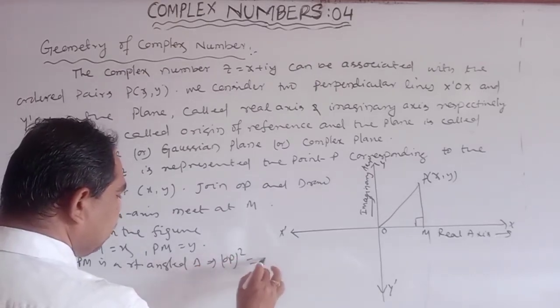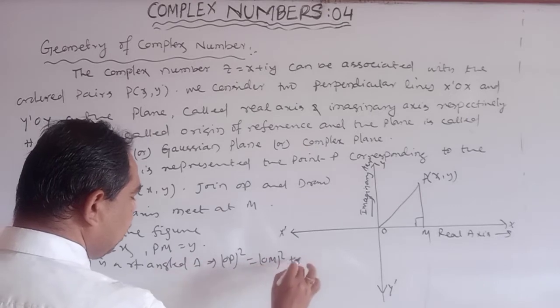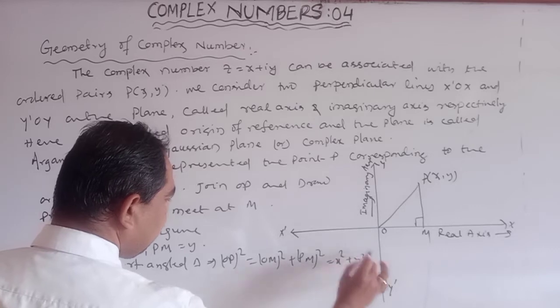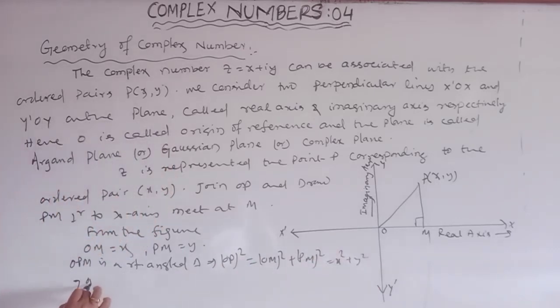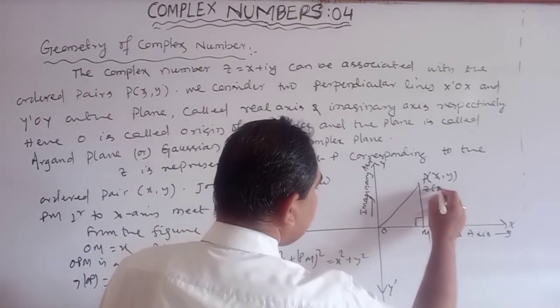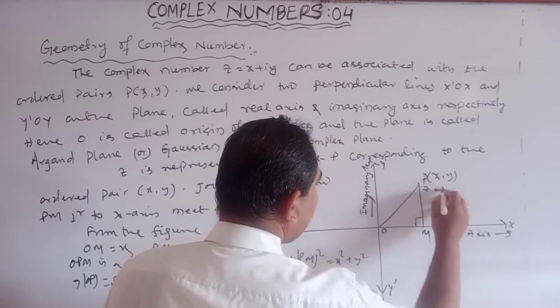mod of OP square is equal to mod of OM square plus PM square, that is equal to x square plus y square. So this implies mod of OP, square root of x square plus y square, is equal to mod of z. This is z, z means x plus iy.